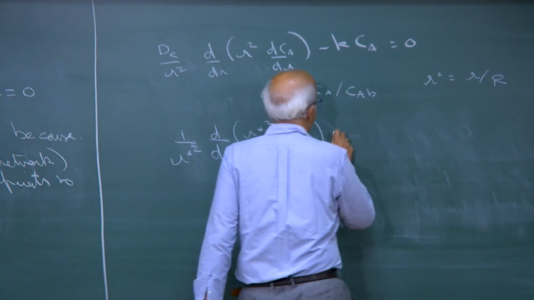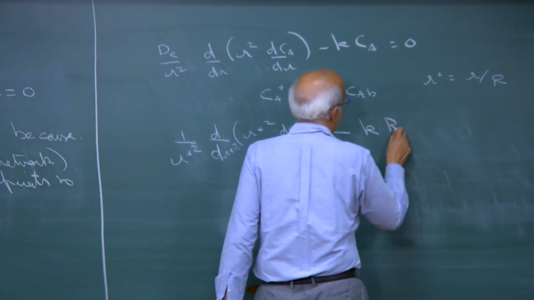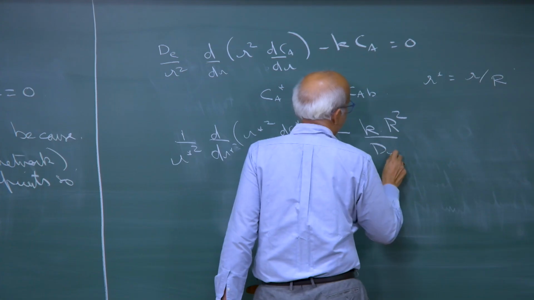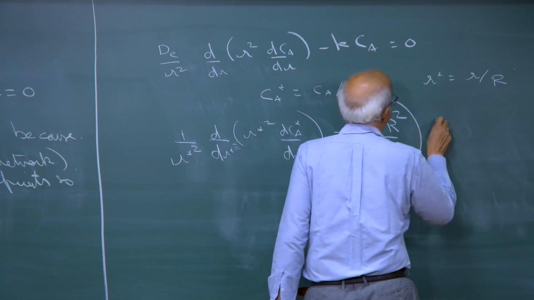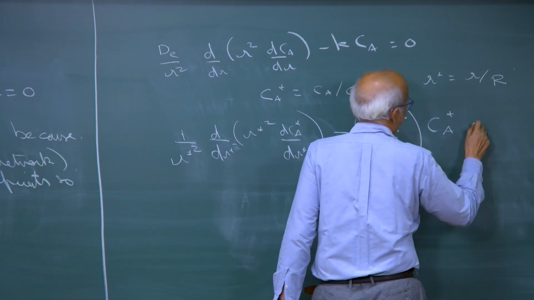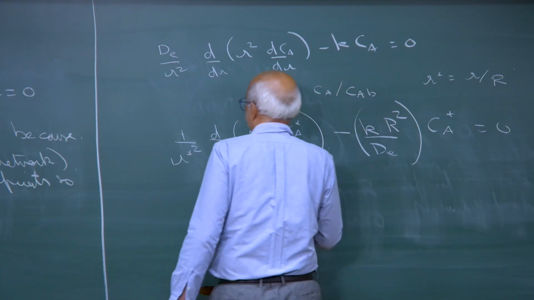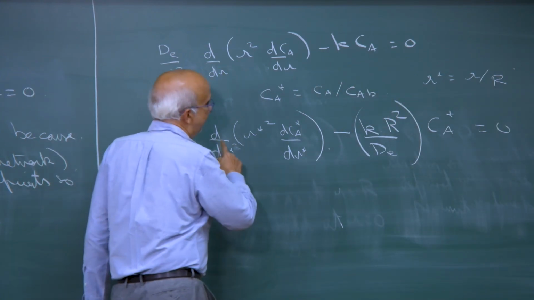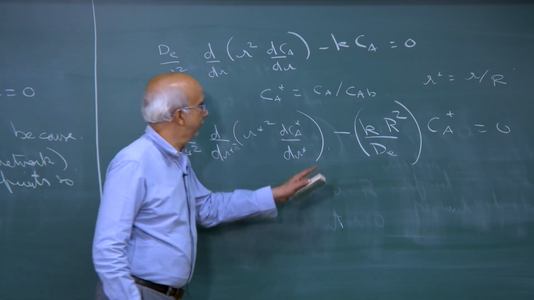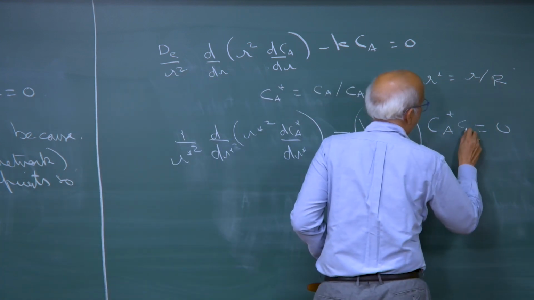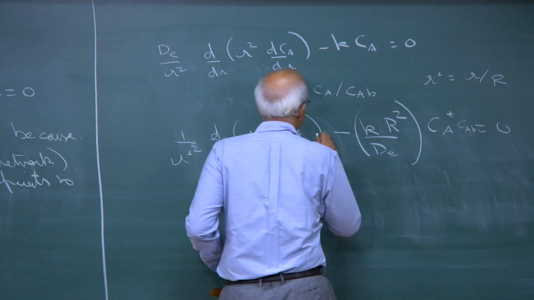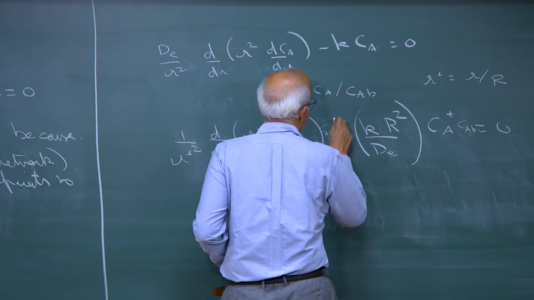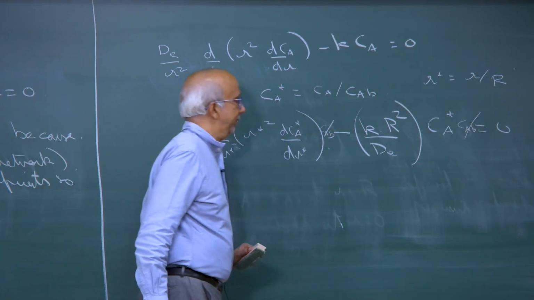Star minus k times r squared divided by dE Ca star equal to 0. There is a Ca bulk here, and there is a Ca bulk here, and that is non-zero, so it cancels, okay.